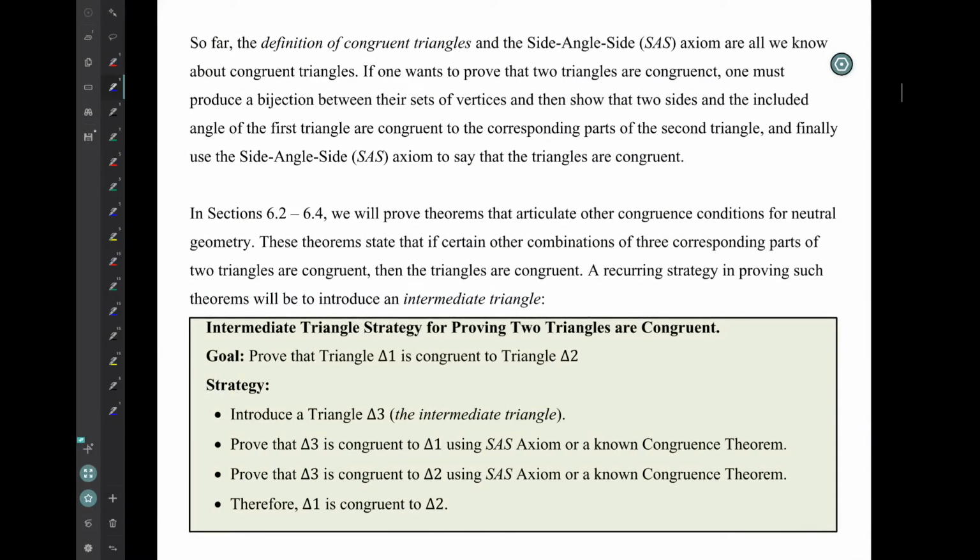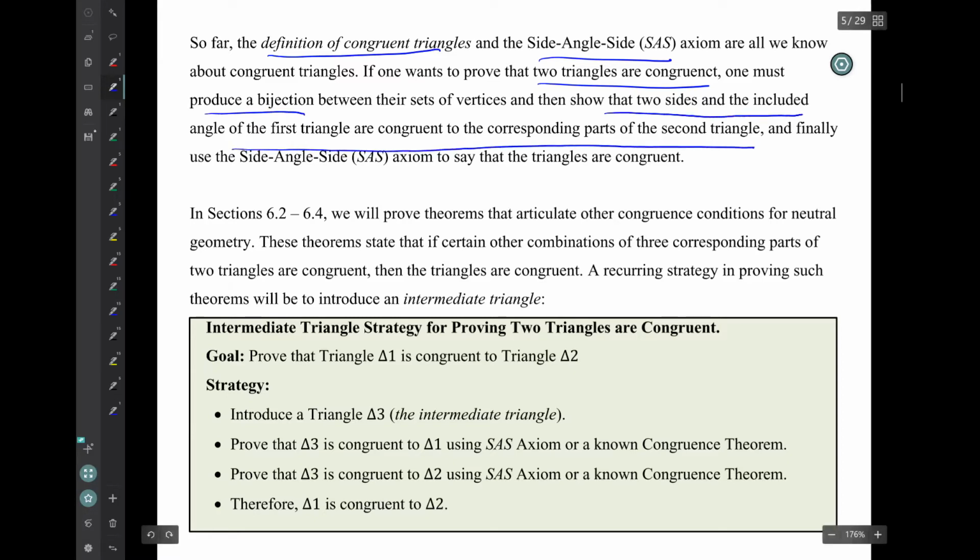So now we have the definition of congruent triangles and the side-angle-side axiom being all that we know about congruent triangles. So now if we want to prove that 2 triangles are congruent, then we would have to produce a bijection between their sets of vertices and show that 2 sides and the included angle of the first triangle are congruent to the corresponding parts of the second triangle.